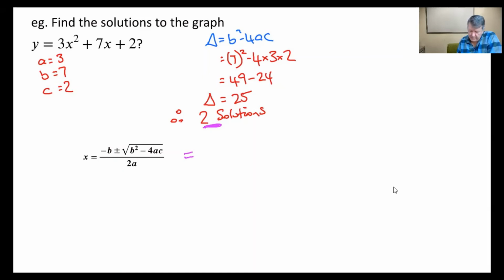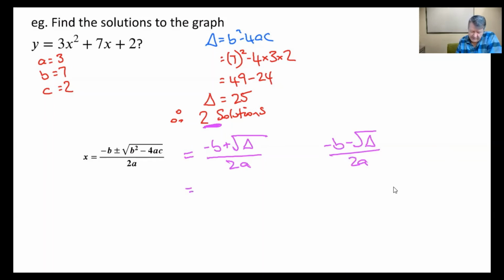So negative b plus the square root of, and I'll take the shortcut delta because we've already worked out delta, over 2a, and negative b minus the square root of delta over 2a. Substitute our values in.